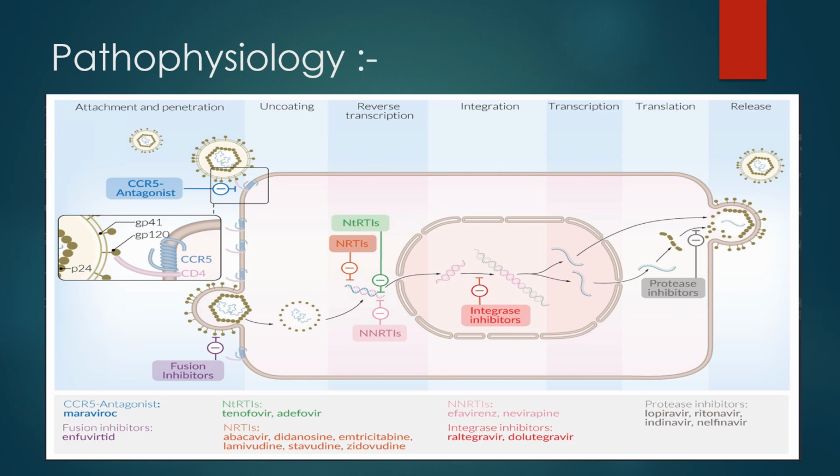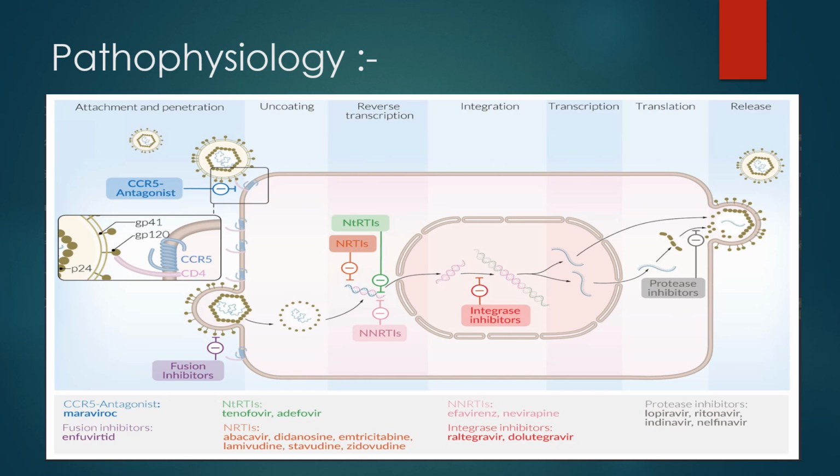Now the pathophysiology. This virus first attacks macrophages via the CCR5 receptors and T cells via the CXCR4 receptors. It first attaches itself via the GP120 protein.